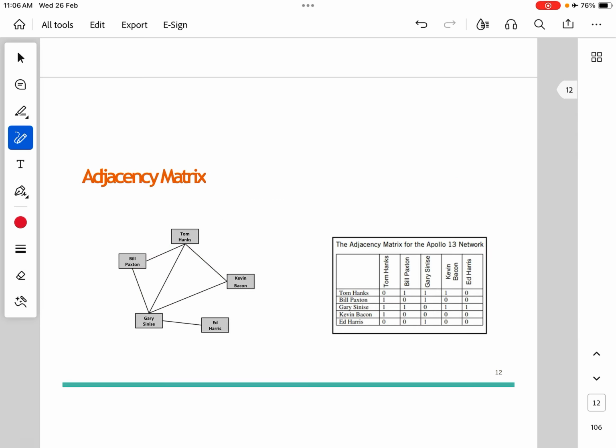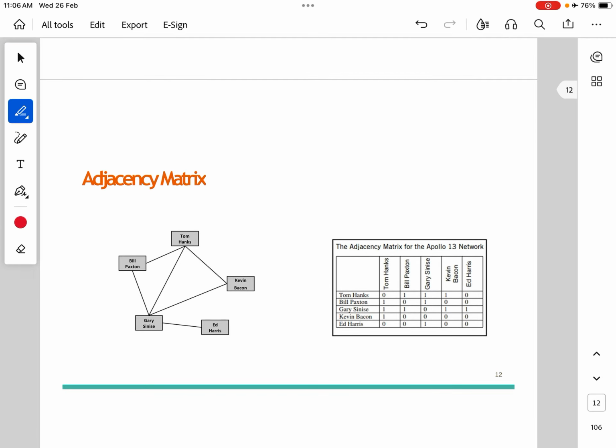Adjacency matrix. Here the weight is not given. If the weight is given, then instead of the numbers 0 and 1, we need to write the weights. But because weights are not given, it will be specified as 0 and 1.